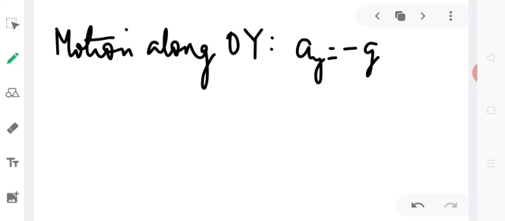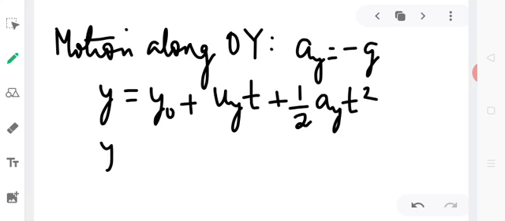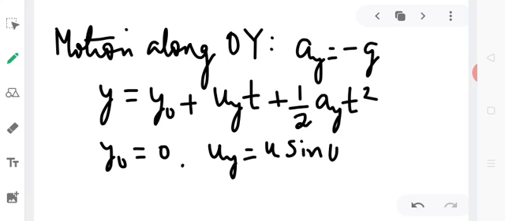The position of the object at any time t along the vertical direction will be given by y equal to y0 plus uy t plus half ay t square. Now here y naught is equal to 0, uy is equal to u sin theta, and ay is equal to minus g.